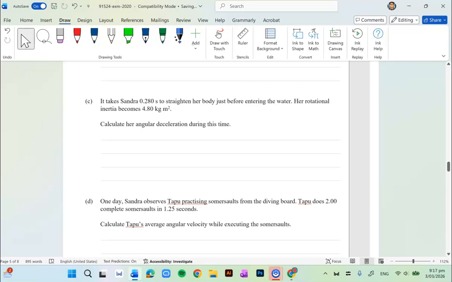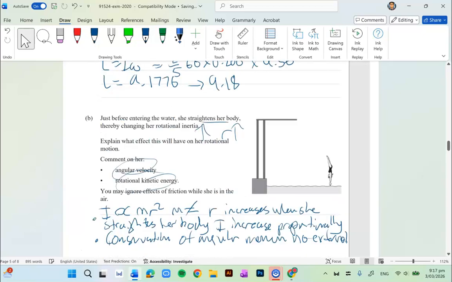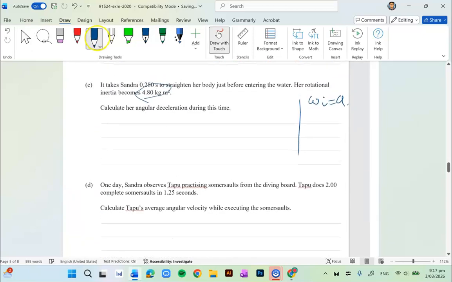It takes Sandra 0.2 seconds to straighten her body, her rotational inertia becomes this, so that's the new value we need to find. Calculate her angular deceleration during this time. So we've got the initial angular velocity, which was up here, wasn't it? 9.56, yep. We know our momentum is 9.18, and that's going to stay the same.